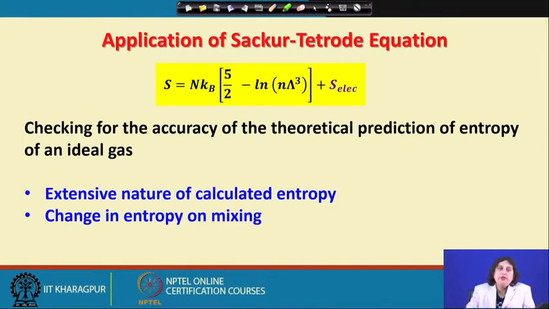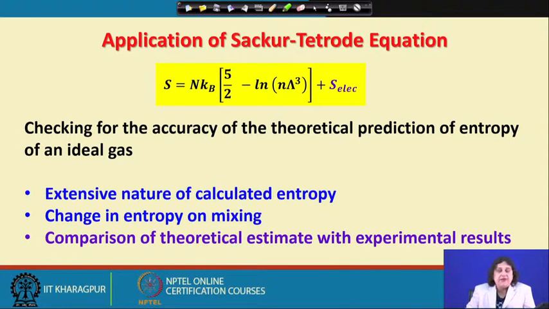We are also going to check if the current formalism given in terms of the Sackur-Tetrode equation can correctly predict what would happen when I mix two ideal gases irreversibly or reversibly. And finally, it is possible to estimate the absolute value of entropy using the Sackur-Tetrode equation.